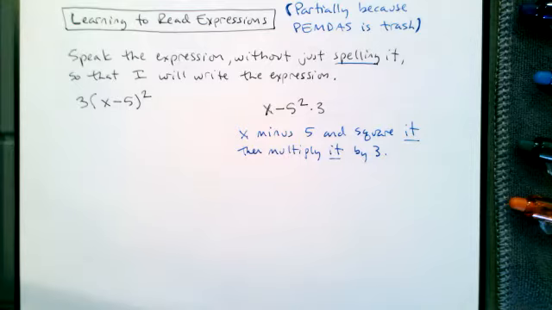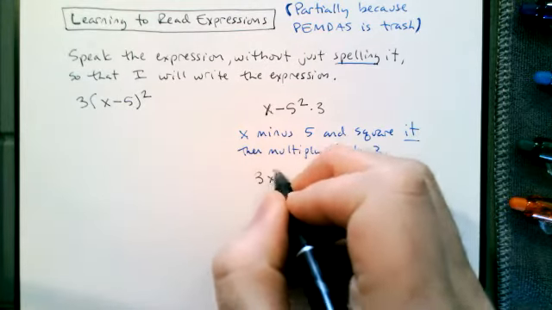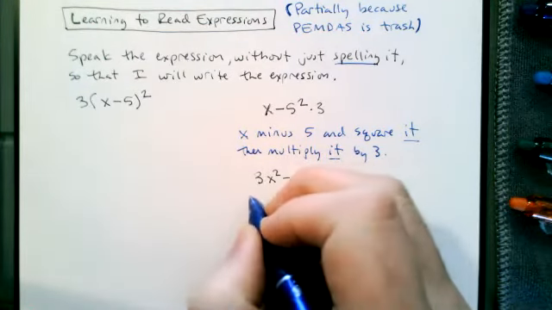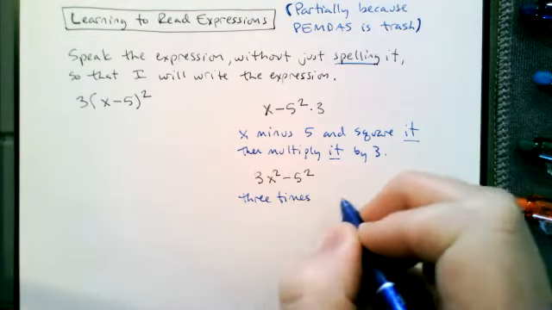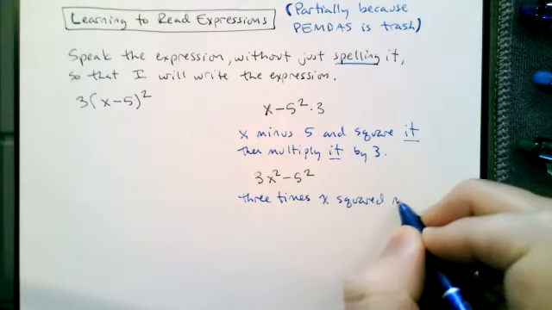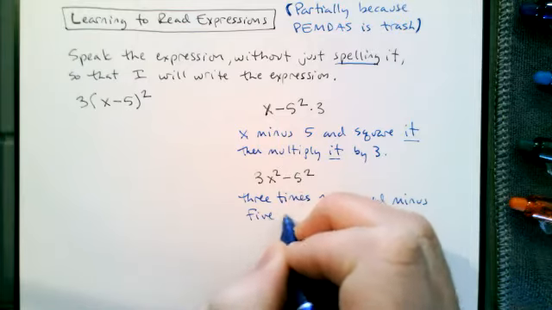Let's see. 3 times x squared minus 5 squared. This is not that expression either. This was 3 times x squared minus 5 squared.